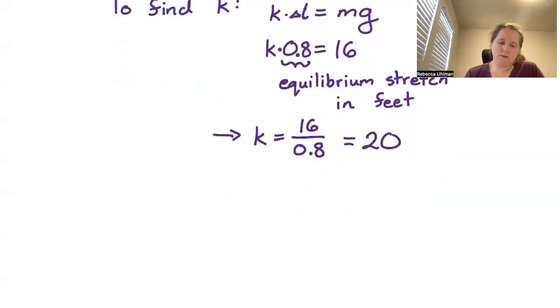We were told that C is equal to 6, and then we have no external force.